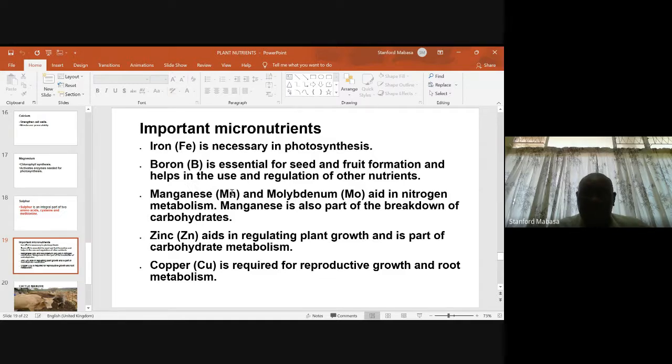Manganese is also part of the breakdown of carbohydrates. Zinc aids in regulating plant growth and is part of the carbohydrate metabolism. Copper is required for reproductive growth and metabolism.